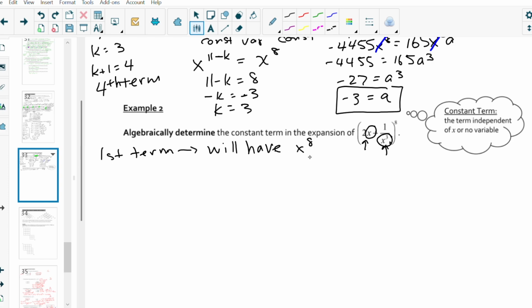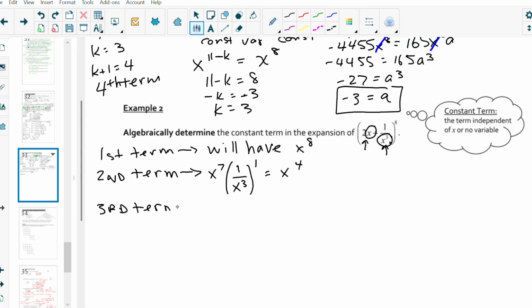So if we logically think first term will have an x to the 8th, what about the second term when we multiply everything out, right? The second term we know will have to step down. So if the first term has x to the 8th, second term has an x to the 7th. Again, not worrying about what the coefficients are. The second term for the y value will have 1 over x to the 3rd to exponent 1. So that's x to the 4th.